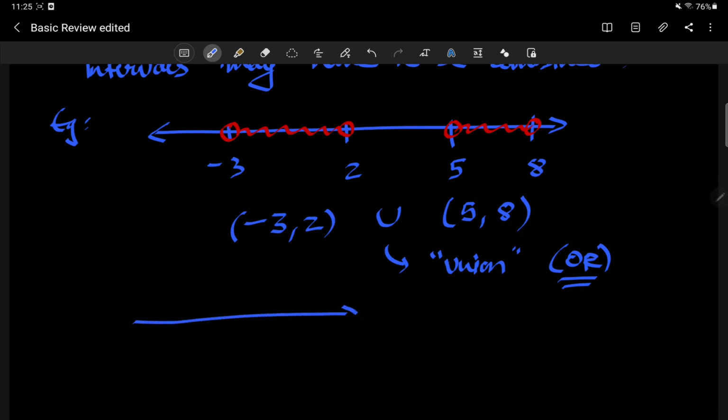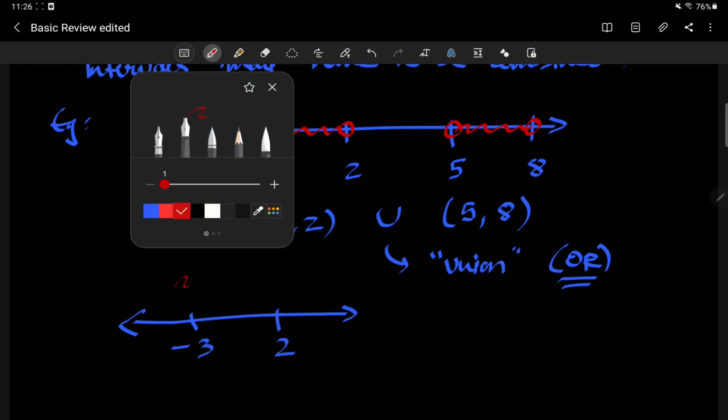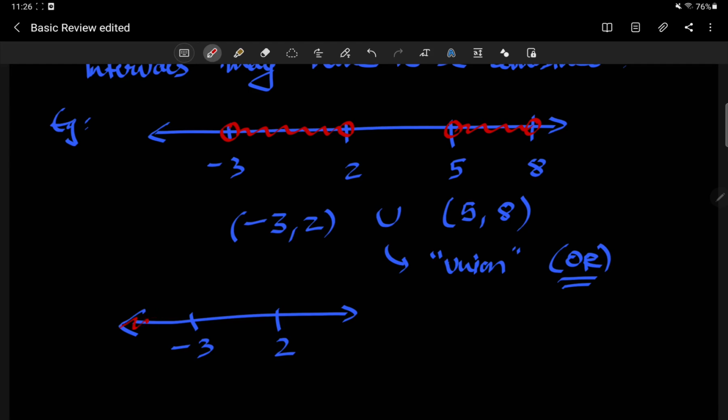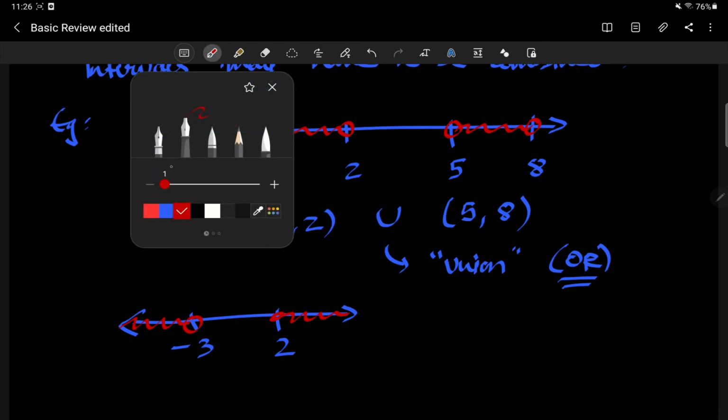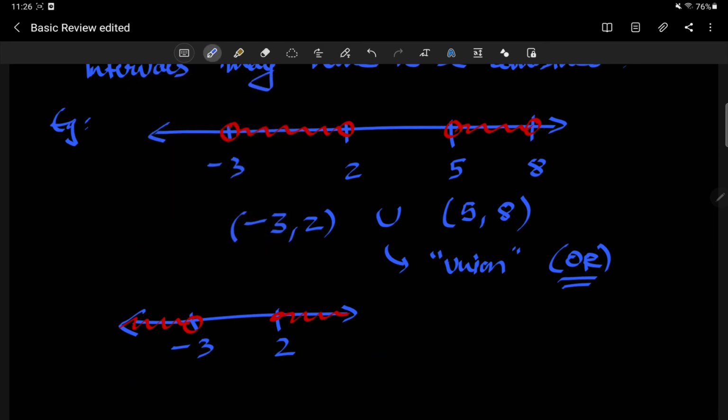So for example, if you have negative infinity to negative 3, hollow, and then this is 2 but with a closed bracket, and you put the union sign.